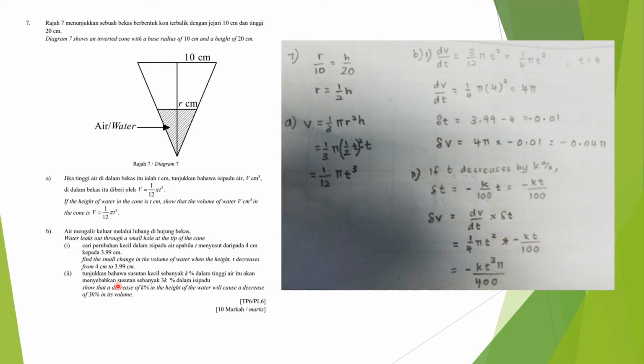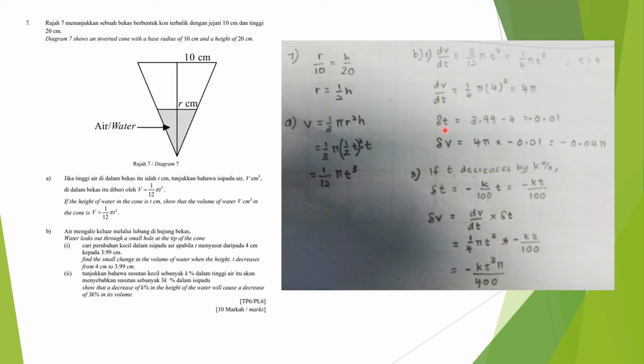Then we substitute with, from where? From 4. So we substitute T equals 4. So 1 over 4 pi times 4 square. So we simplify, we get 4 pi. And another information given is that T decreases from 4 to 3.99.